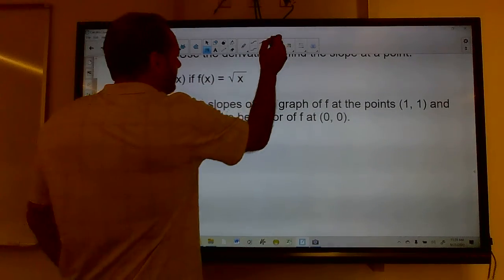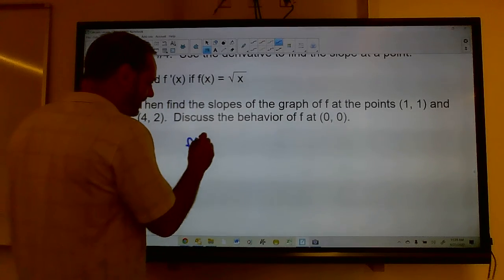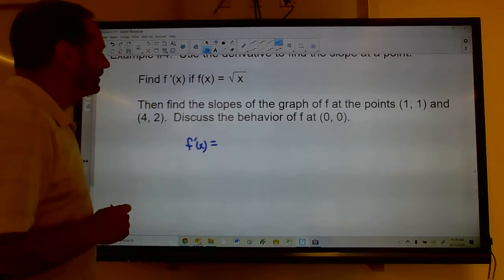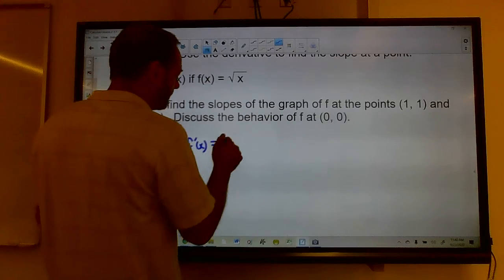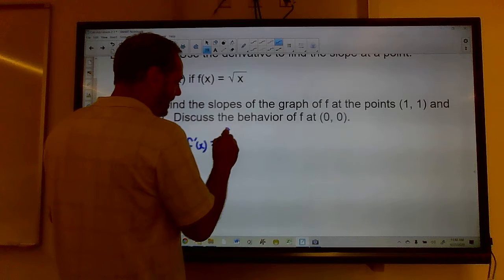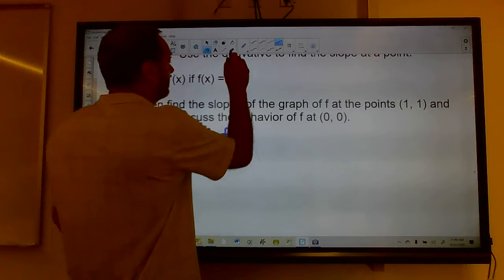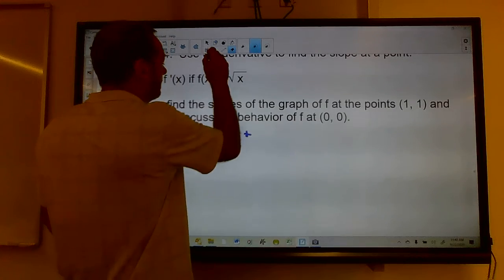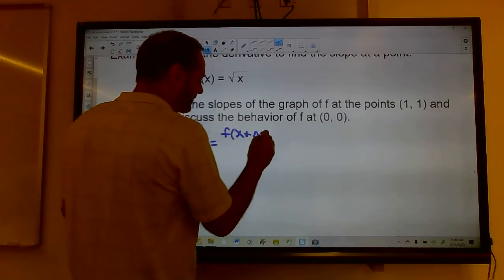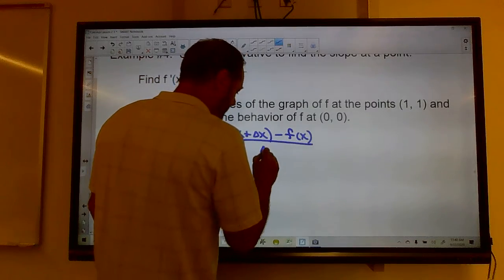Okay, so we have to find the derivative here. So f prime of x is going to be f of x plus delta x minus f of x, all over delta x.